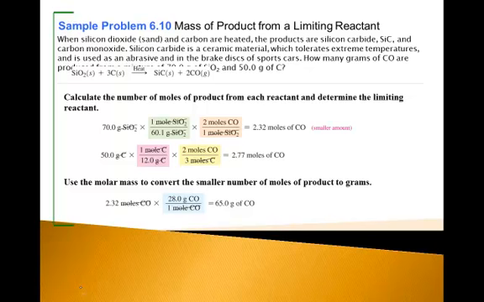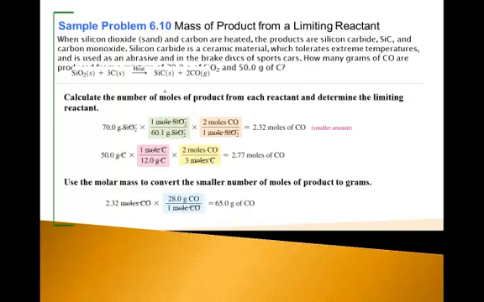Okay, next topic is doing limiting reactants. So the limiting reactant is limiting the amount I can make. So the first step is I'm going to have to use what I started with, and I can't see it very well, but there was 70 grams of the SiO2 and 50 grams of carbon.